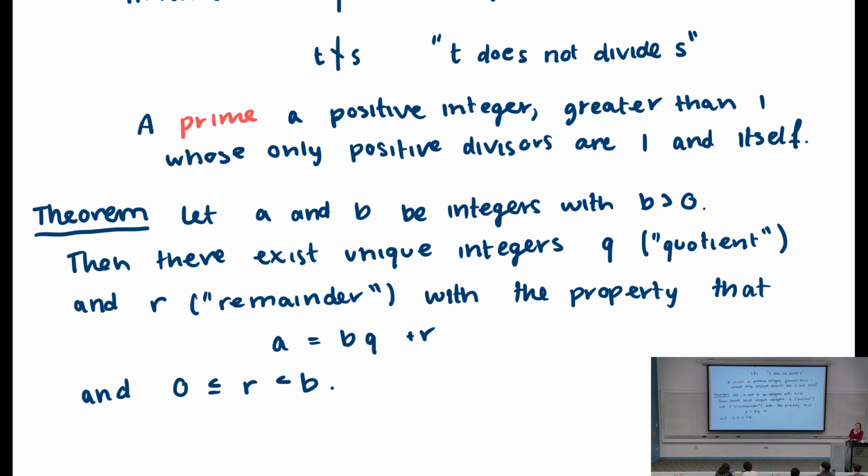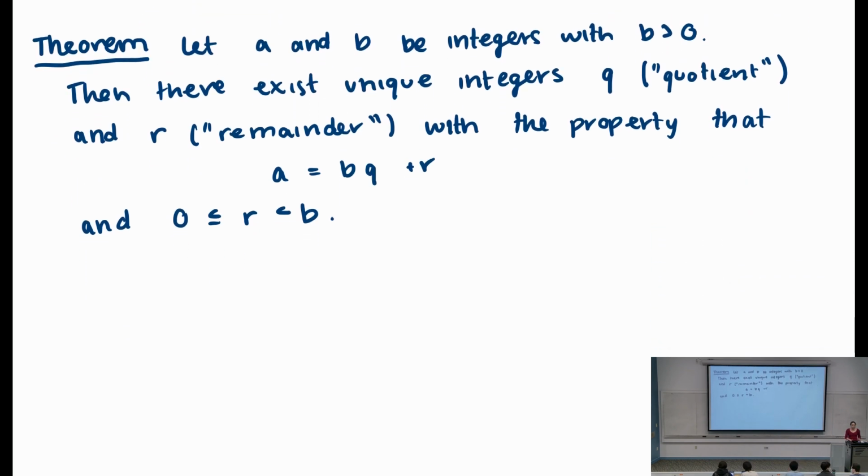That would be Q times, and then you're left with some remainder R. So this is a theorem about division, and this looks pretty innocent, but it will come in very handy. Are there questions about this?